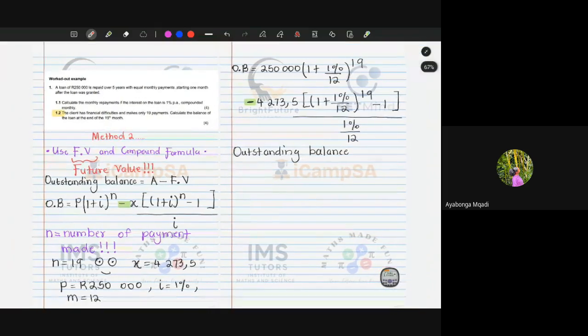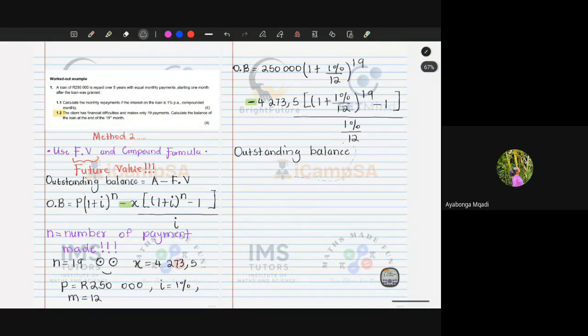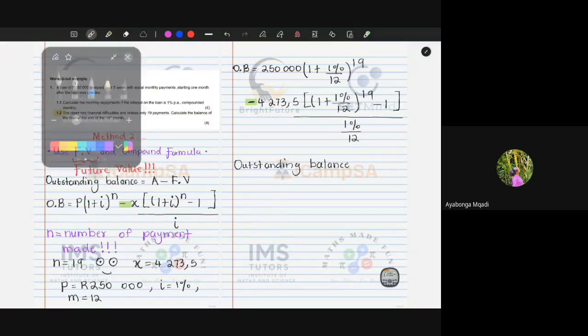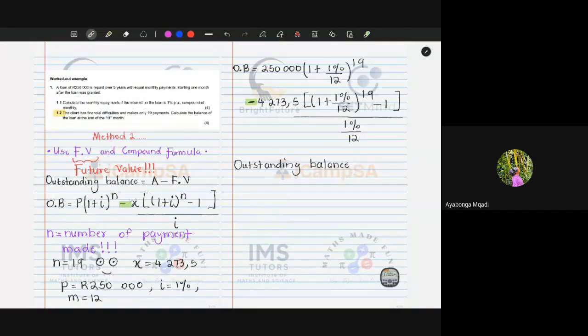For method 2, what do you get? We should get the same answer as we did. What is the answer, guys?